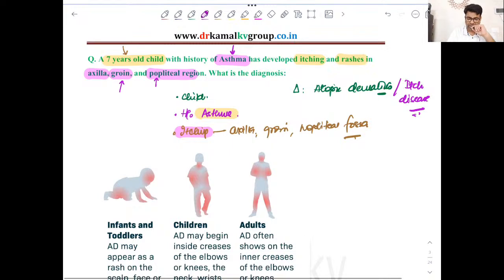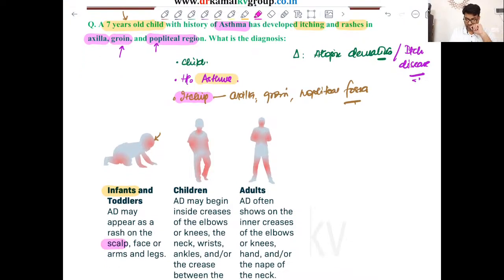If I show you in the image, you can look here, the face is so much involved in cases of atopic dermatitis in infants, right? As the child grows up, you won't find any involvement of scalp or face. So if there is a case history of atopic dermatitis in an infant, it will specifically mention the scalp or face.